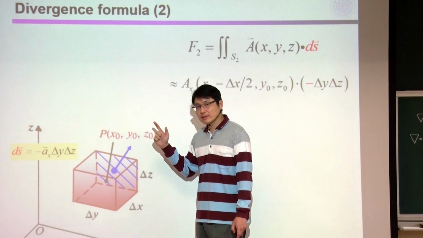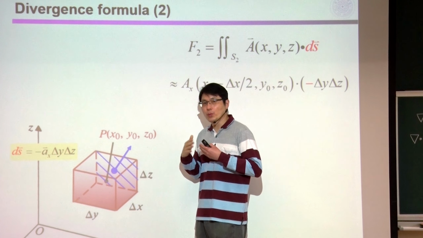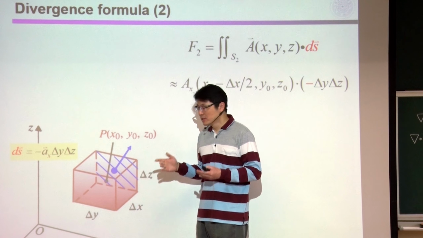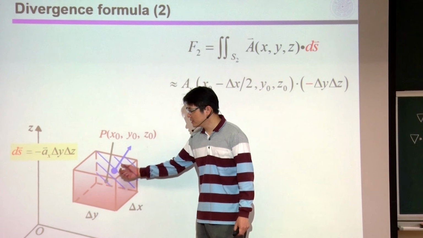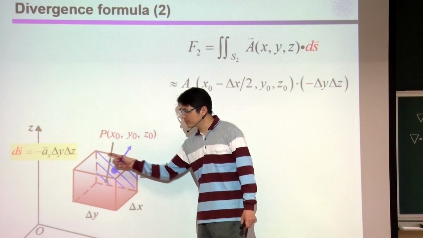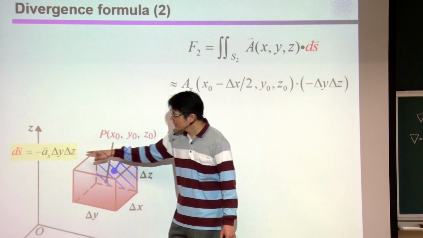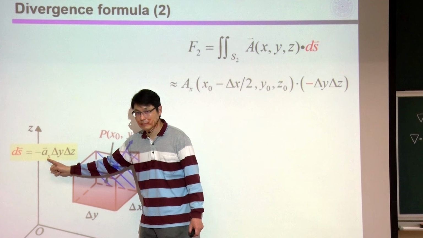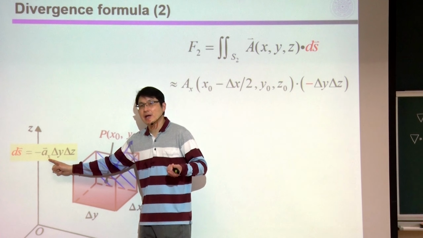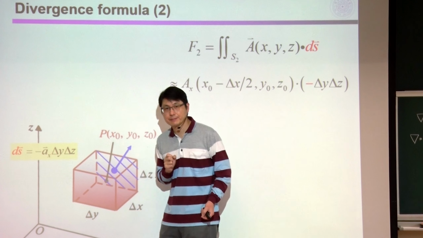Again, we are trying to evaluate the outward flux. For the back surface, its direction is also pointing out from the structure. So now the surface is pointing in the negative x direction, but its area is still determined by delta y and delta z.